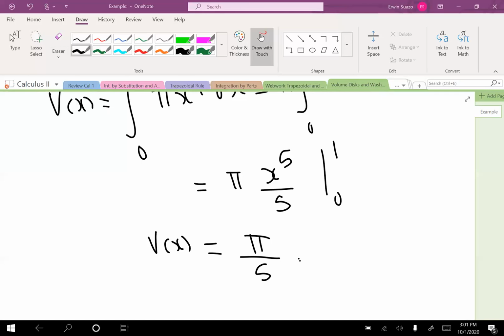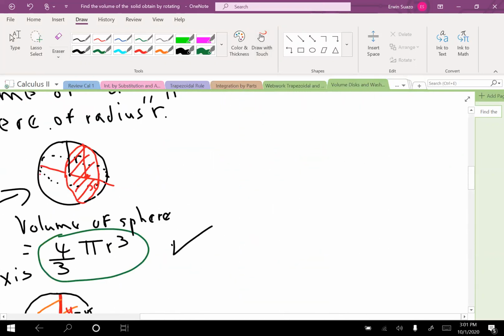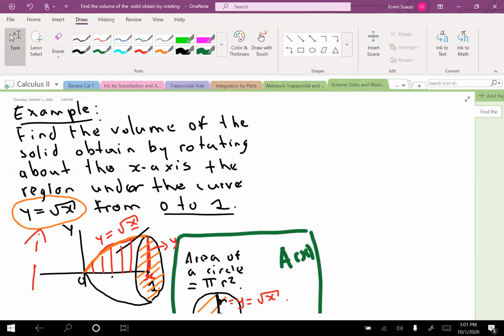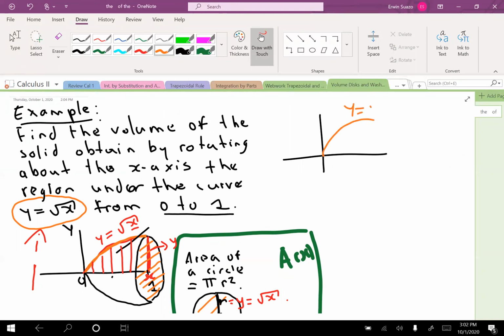So somebody's asking why radius equals y. So that's the whole point. That's what we have been doing all class long. So remember from example 1. So when you had seen all this, go back to your beginning. The whole point is that this is y equals the square root of x.